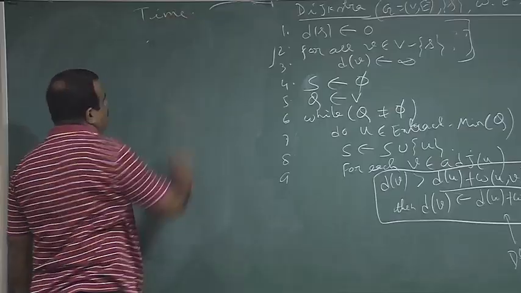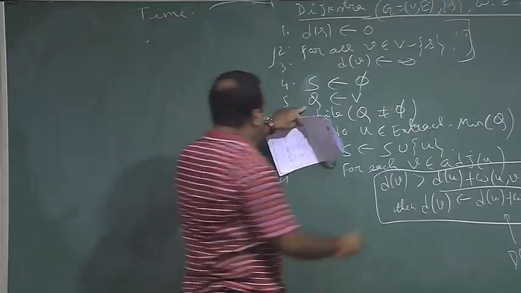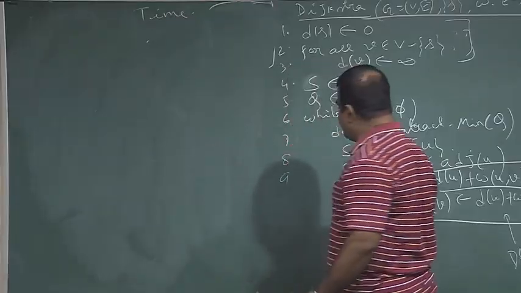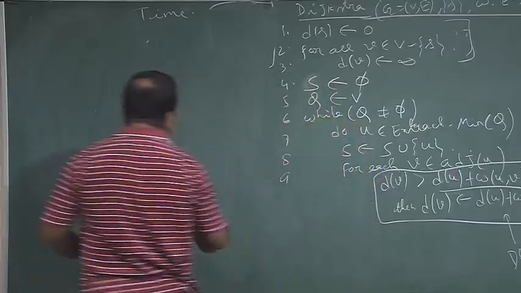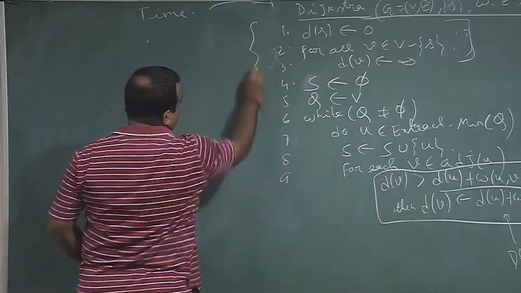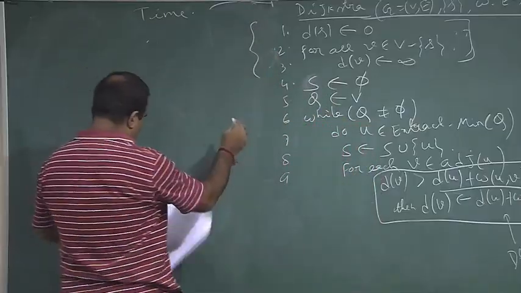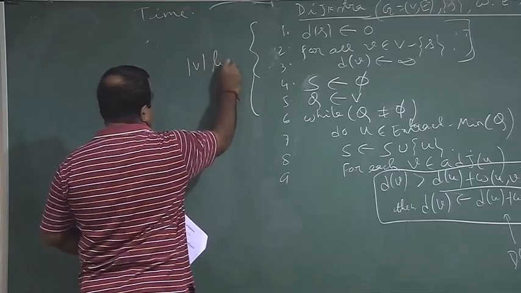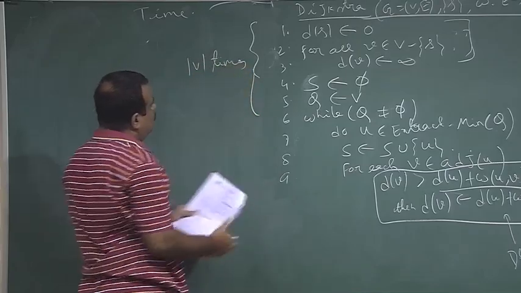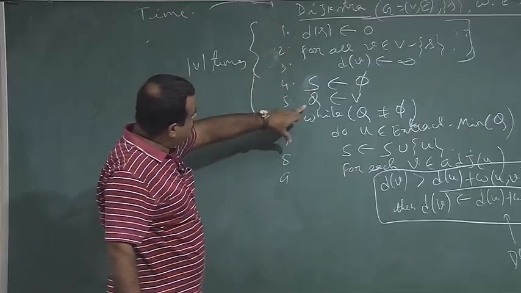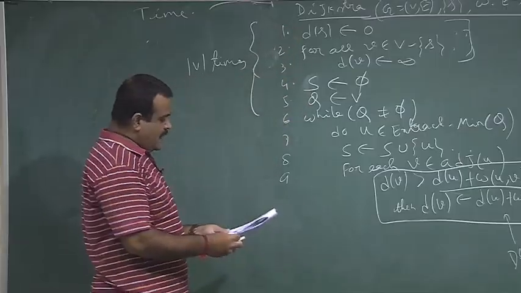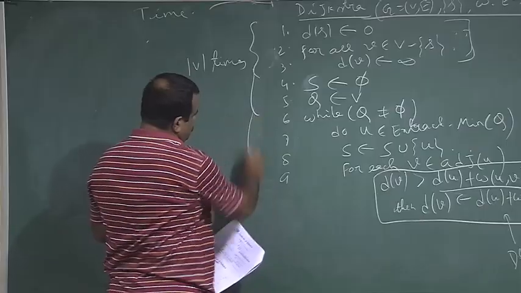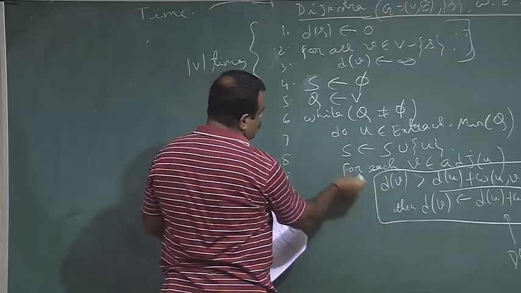Time will depend on how we are implementing this priority queue, whether in array or the heap. Basically this is of order v times this loop, because this is of order v and then the inner loop.